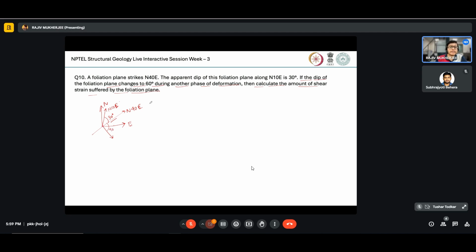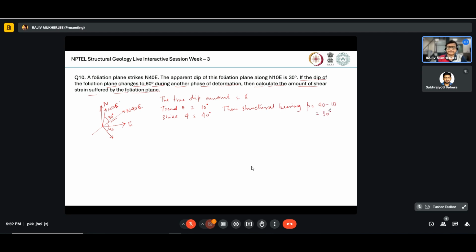So if we consider the true dip amount delta, trend theta is 10 degrees, strike phi is 40 degrees, then the structural bearing beta will be 40 minus 10, that is 30 degrees.